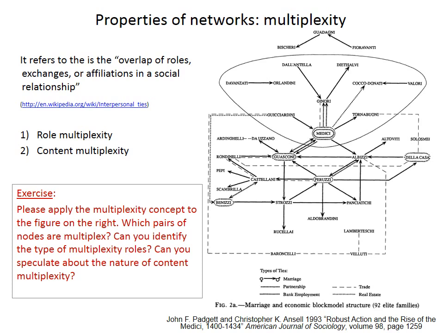Very likely it will be both, and speculate what type of role and what type of content might be exchanged between the two nodes that you think are linked by multiplexity. There is no wrong or right answer. We are just speculating to see if the idea is clear or not.